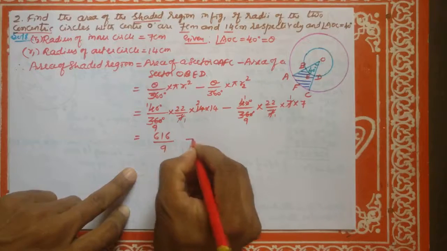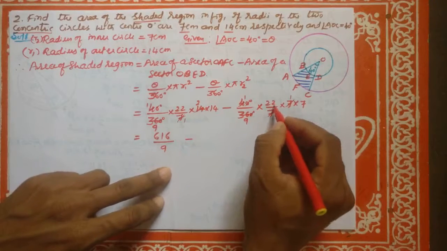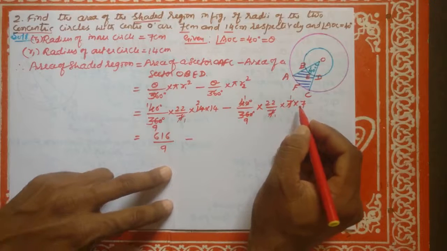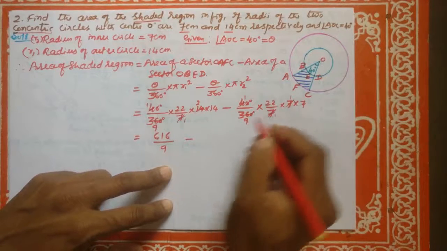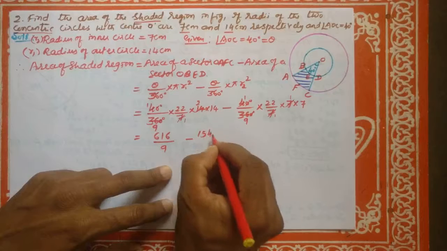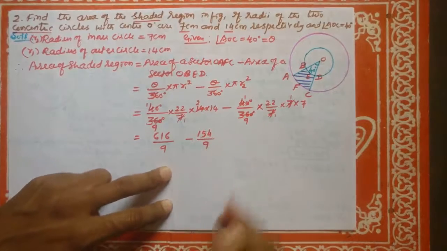Minus here also 22 into 7, which is equal to 154, 154 divided by 9.